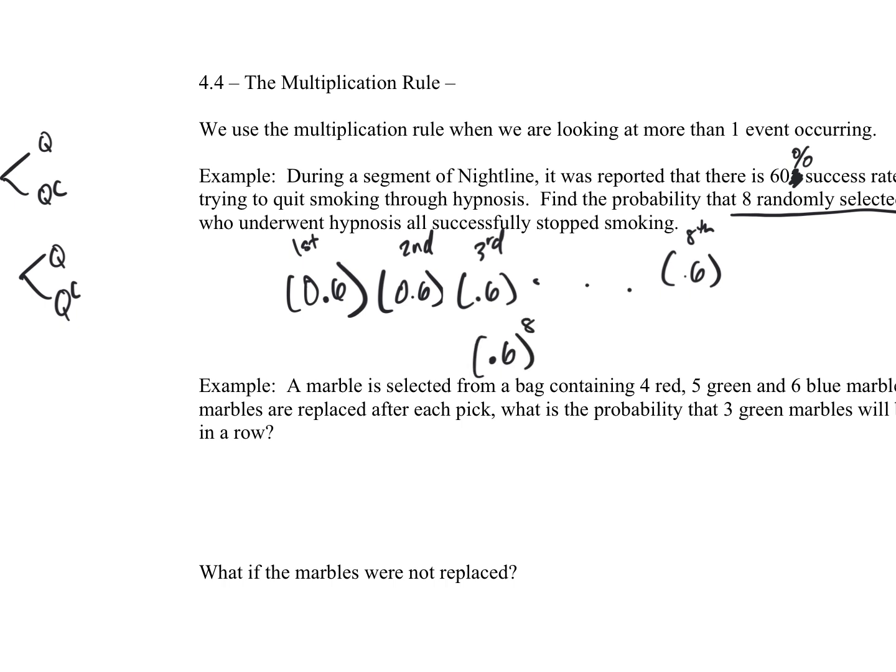And if you do this, you're going to find that this is a very, very small probability. Is everybody good? And I would not feel uncomfortable with this being a very small probability.